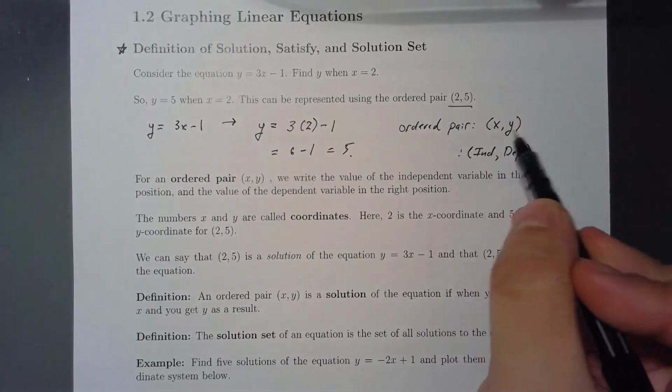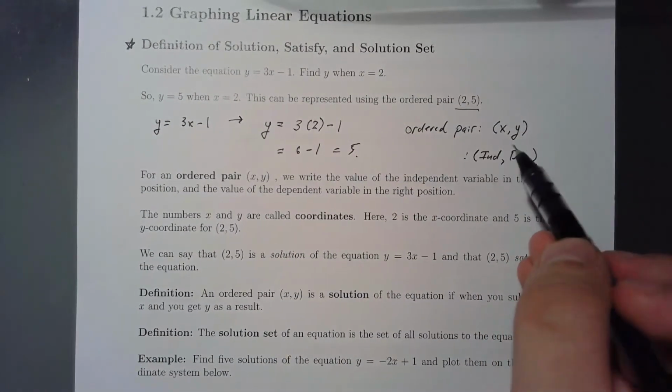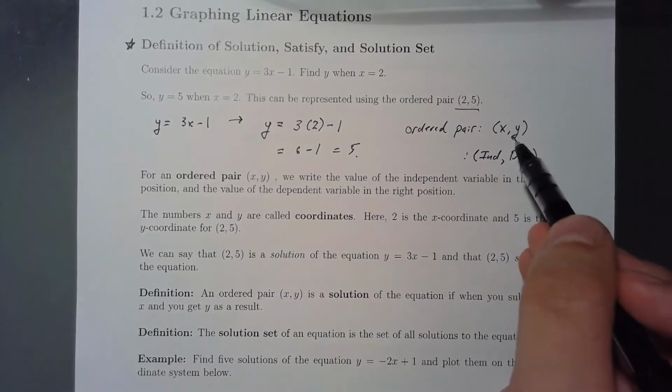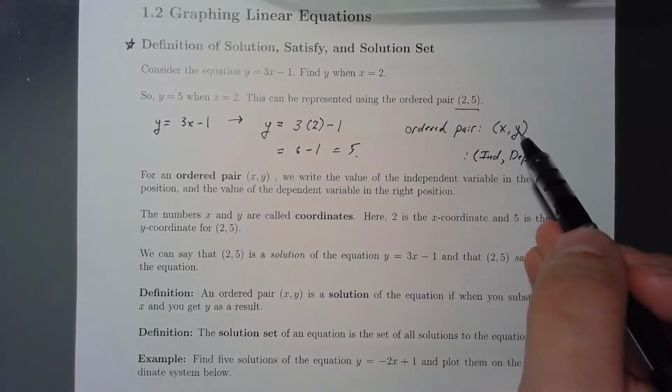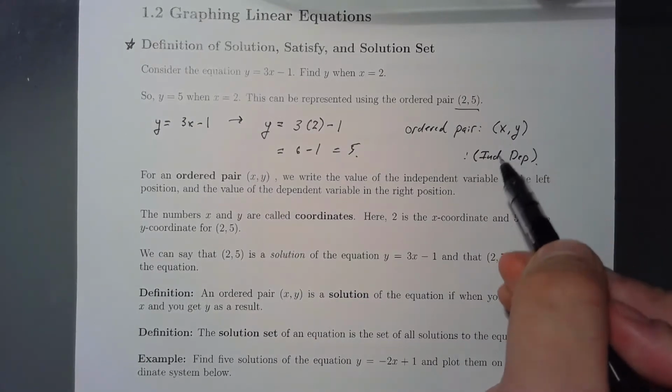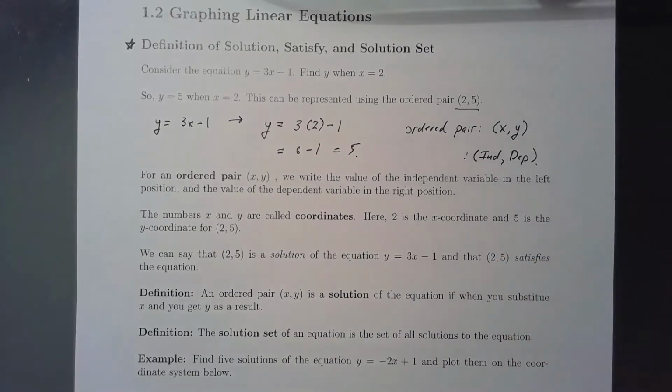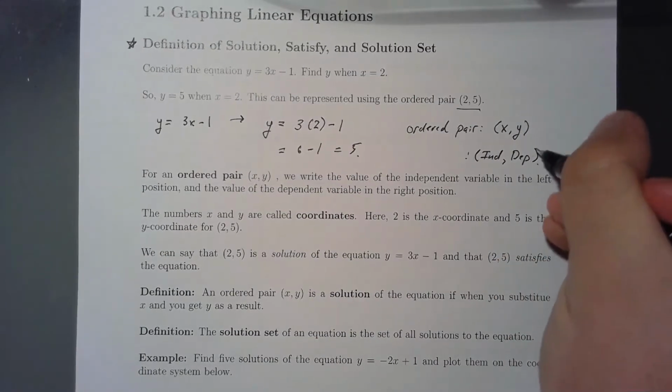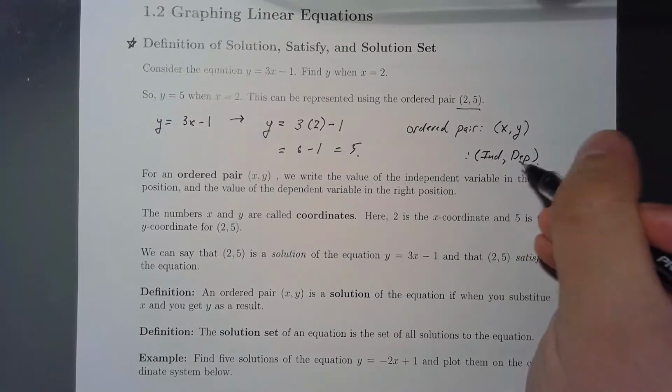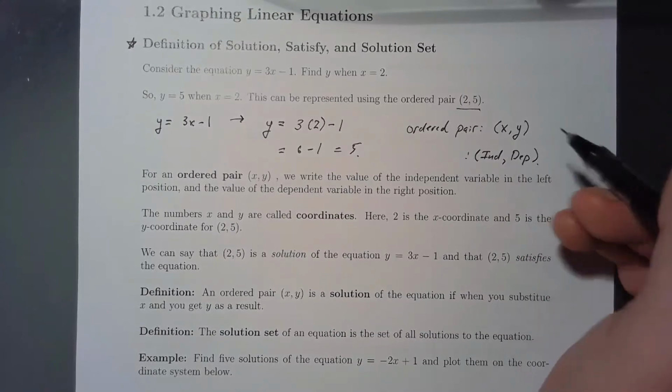Generally we use x and y, but we can use other variables as well, as long as you know which one is independent and which one's dependent. But it's always independent, dependent. x, y.